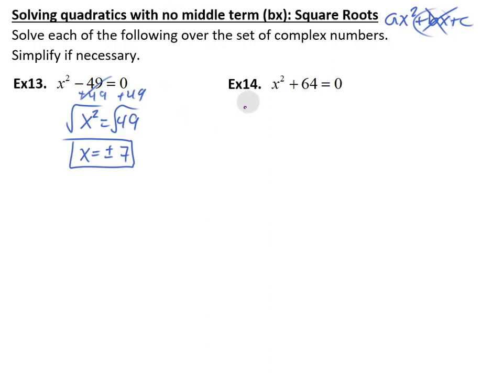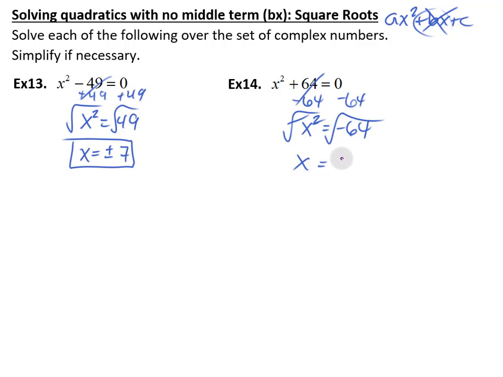Okay, our second example here, x squared plus 64. Once again, there's no x to the first power, so we should be able to isolate x squared. We'll subtract over our 64, and then square root both sides. Those will cancel each other out. Ooh, this time, though, we have a negative number in our square root.